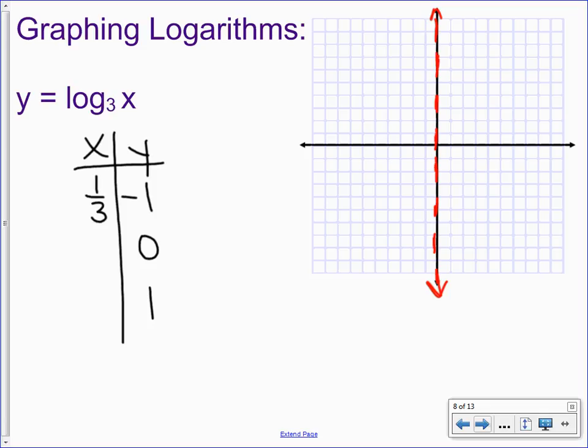Notice how these points are familiar. If I want my y value to be 0, what do we put inside of our logarithm? 1. And if I want my y value to be 1, what do we put inside of our logarithm? 3. These points are just flipped from 3 to the x. So 1/3, -1; 1, 0; and 3, 1.